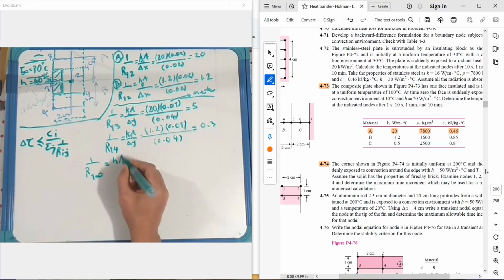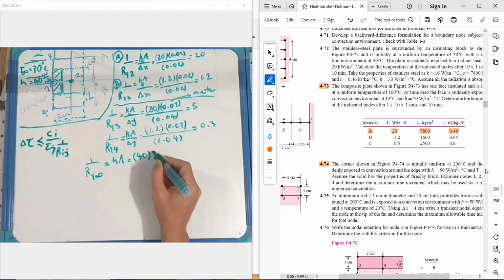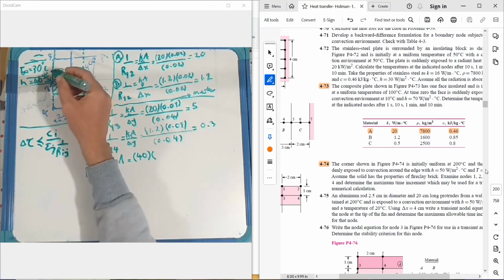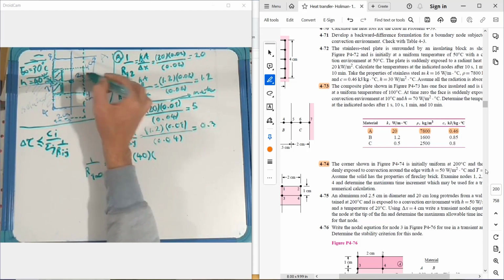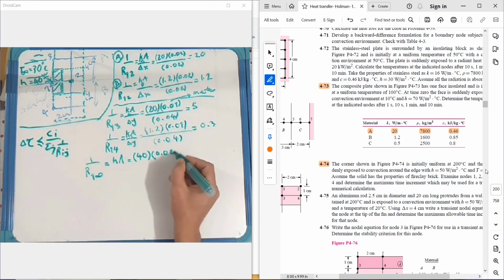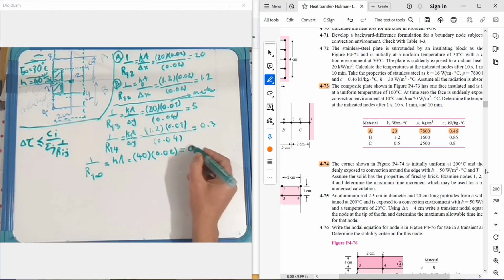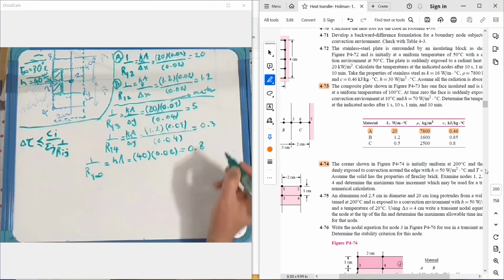The formula is hA, where h is the heat transfer coefficient, which is 40. What is A between element 1 and this convection? Just here, which is 2 centimeters. Is it right? The answer will be 0.8.